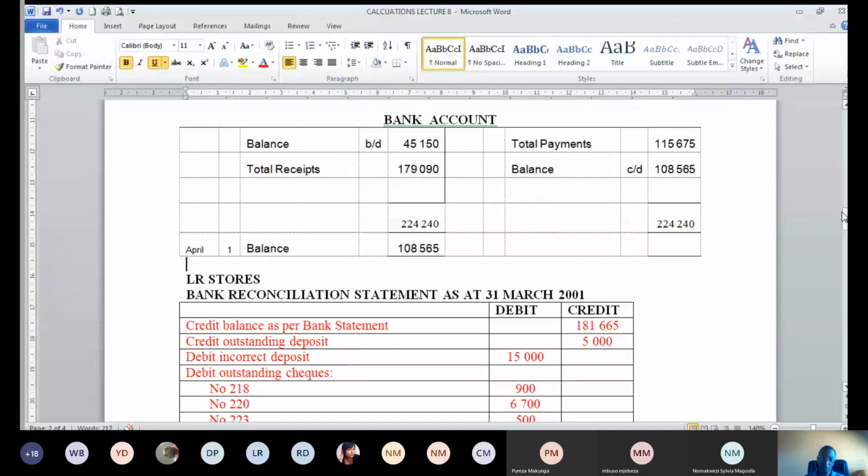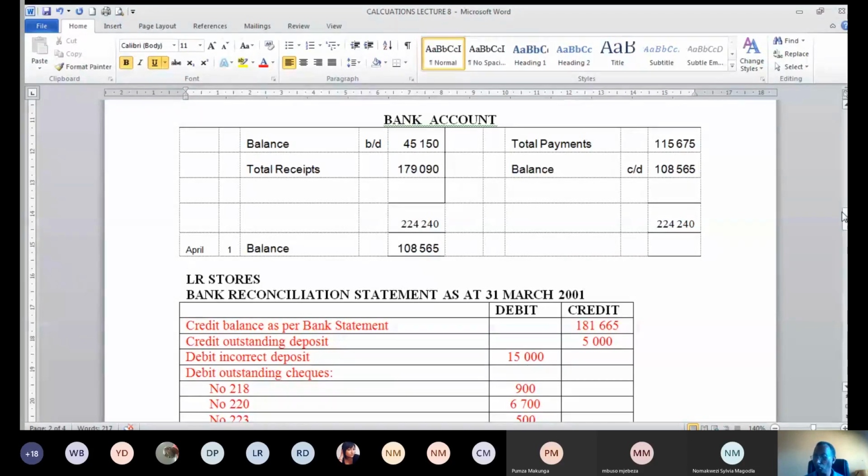Right, guys, that is the section where we had to complete the bank account. Start with a bank opening balance. Remember that bank opening balance can be debit or credit. In this example, it was a debit balance. Bring down that balance. Debit the bank account with your total receipts. That's the transfer from the cash receipts journal to your bank account.